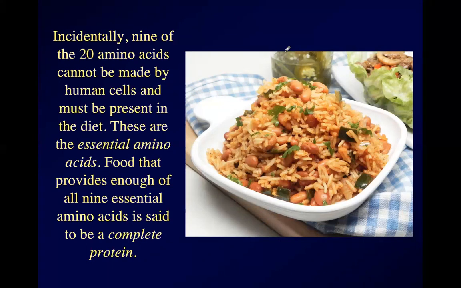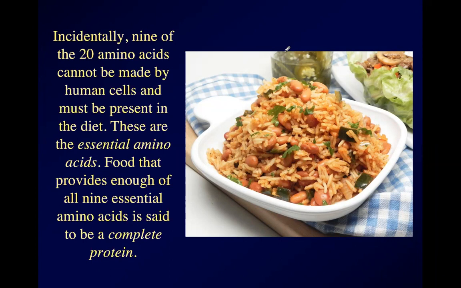Anyway, food that provides enough of all 9 amino acids, we say, is a complete protein. So beans and rice, for example, is a complete protein that contains all 9 of the essential amino acids, and any that are missing, your body can make.